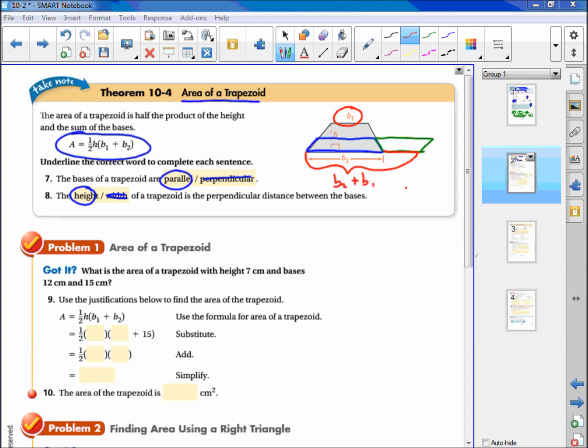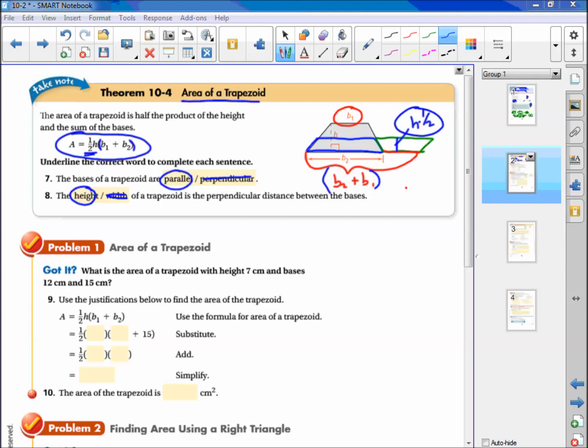And the height of my parallelogram is half as much as it used to be. So remember the formula for a parallelogram is to multiply the base, which is B1 plus B2, that's this part, times the height. And the height of my parallelogram is half of the original height, so 1/2 h.